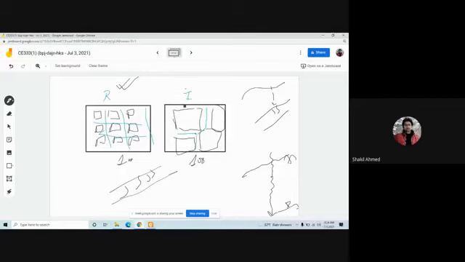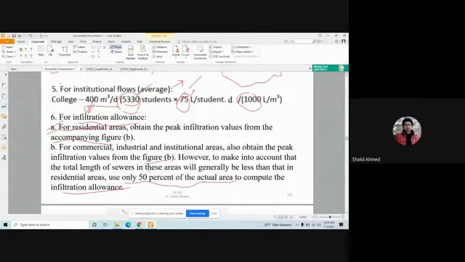So although there is rainwater or precipitation, there will be no infiltration into the pipe because there is no pipe or sewer. That's why in industrial and commercial areas, the land available will be less. That means whatever area you have, you'll have to use 50% of the actual area to compute infiltration allowance in case of areas other than residential areas. That means commercial area, industrial area in these cases. Did I make it clear? Yes, sir. Okay.